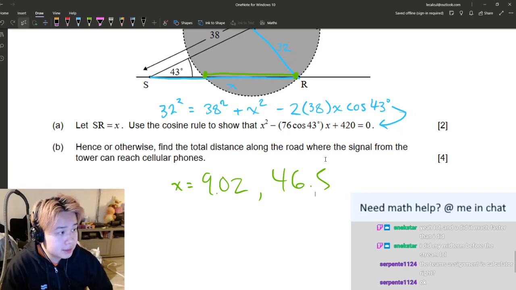Okay, so my hunch was I subtract these two x values. I don't see why that makes sense though. But apparently that's also what the answer key said you should do.